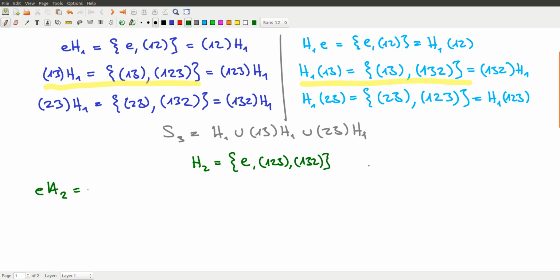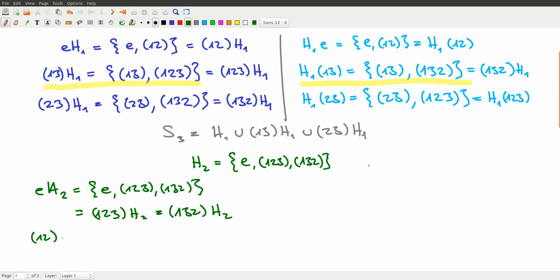E times H2 is just H2. So E, (1 2 3), (1 3 2). And that has to be the same as (1 2 3) H2, and the same as (1 3 2) H2.